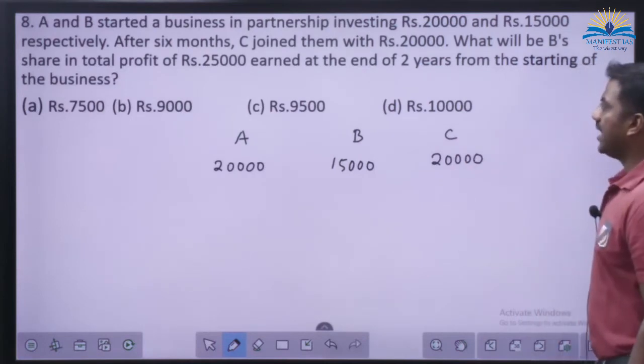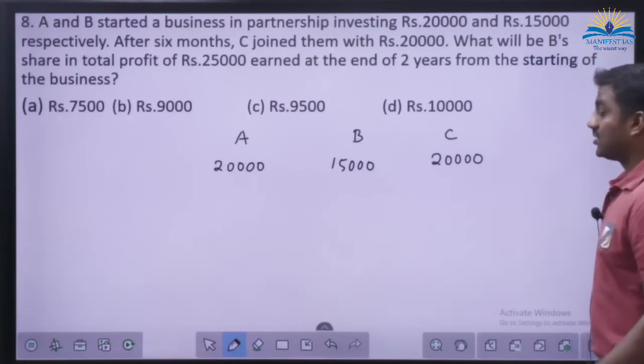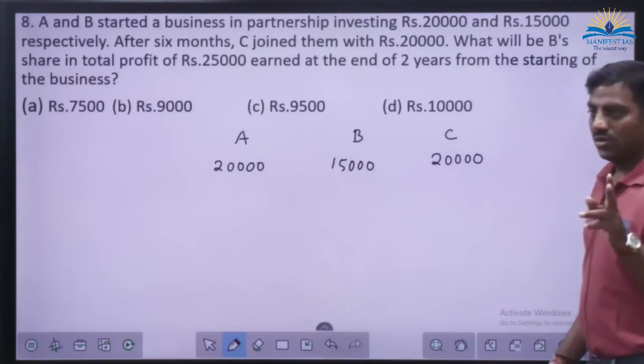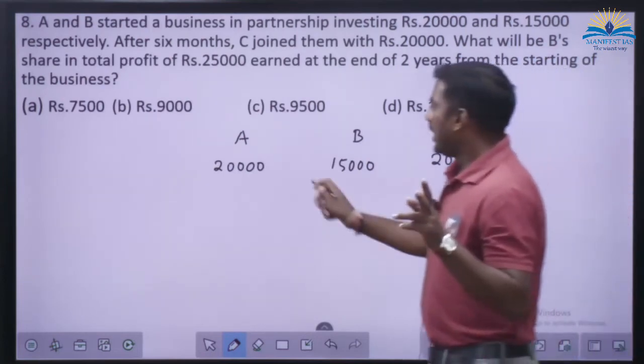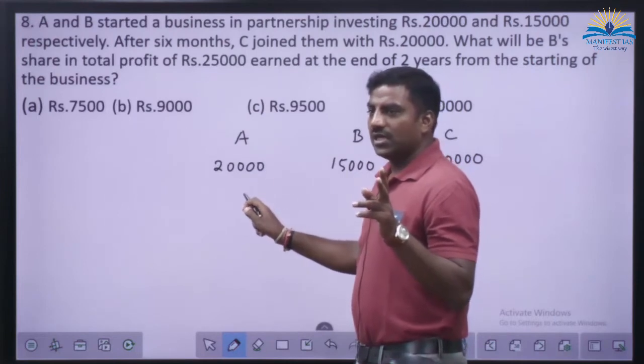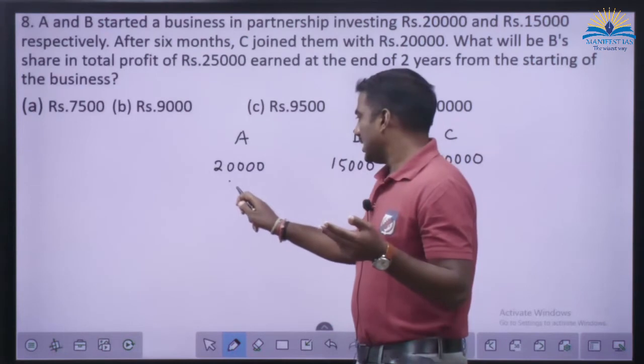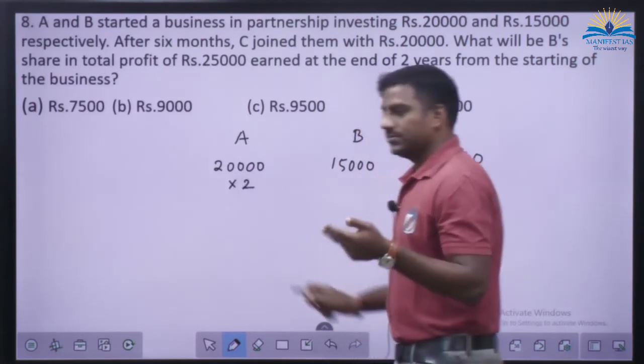What will be B's share in the total profit of rupees 25,000 earned at the end of 2 years? Here they are calculating for 2 years. So A's investment is staying for how many years? 2 years. So let us not write in months. Let us change.